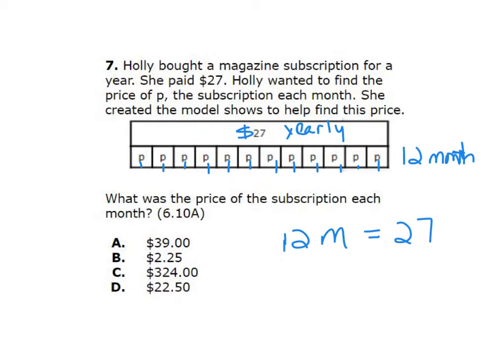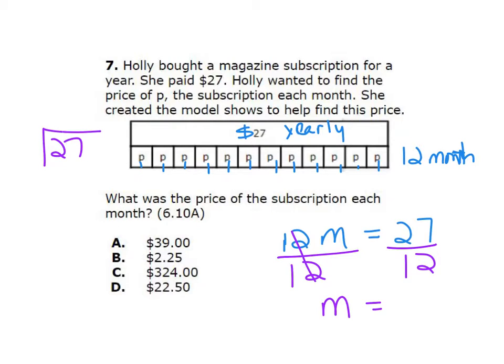So here we're going to divide by 12. I'm going to do it on the side because 12 divided by 12 is 1. So we're left with M. Now it's going to be 27 divided by 12.